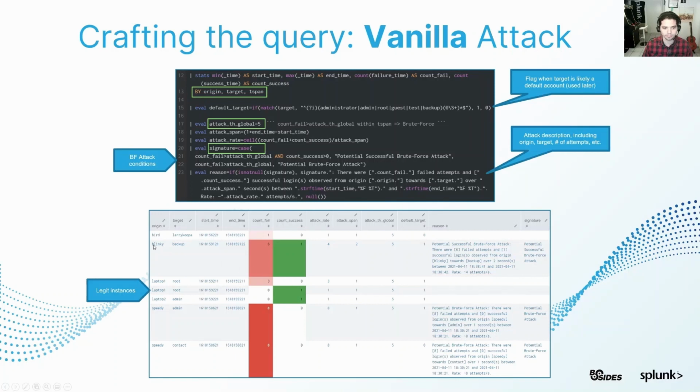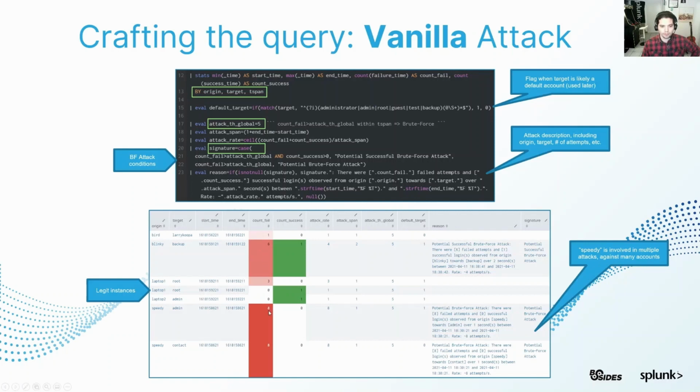While for example, Blinky, this origin, you can see there is a potential successful brute force attack related to this activity coming from this source, right? Speedy is involved in multiple attacks against multiple accounts. You can see multiple lines here for Speedy, right?